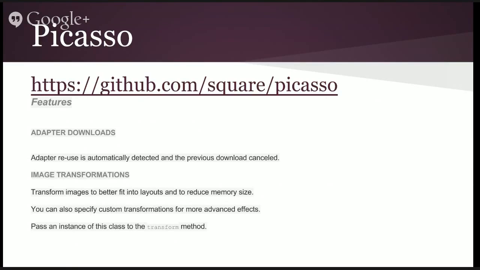So features with Picasso are pretty nice. The adapter downloads is just a nice built-in feature that it has. The adapter you use is automatically detected and the previous download is canceled, which is pretty nice.